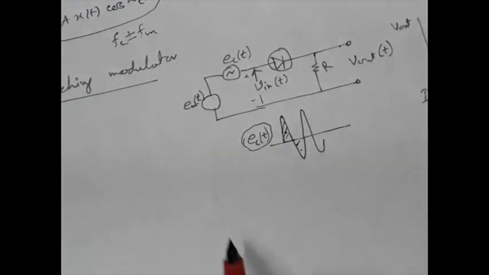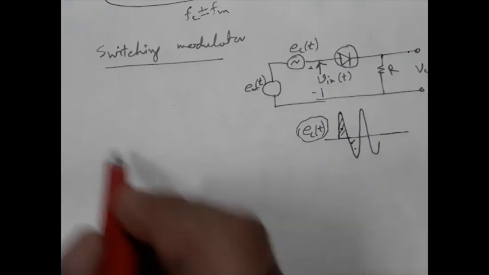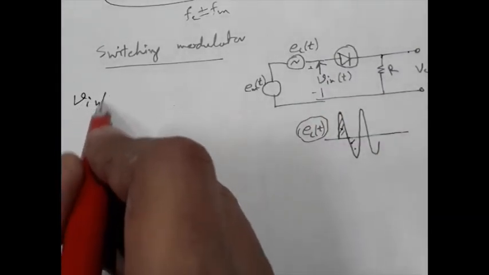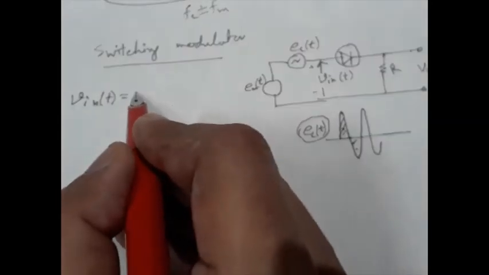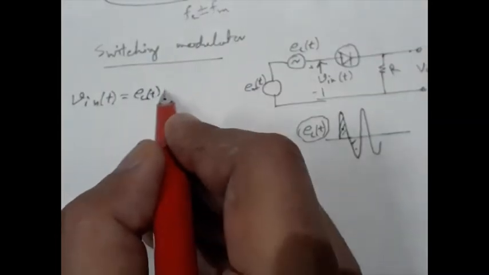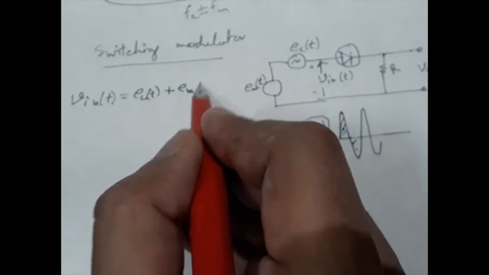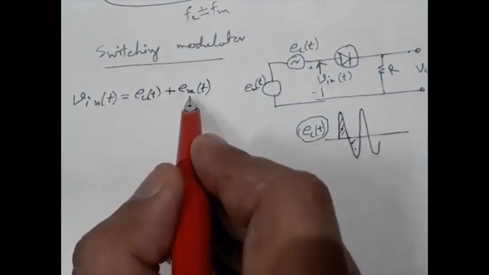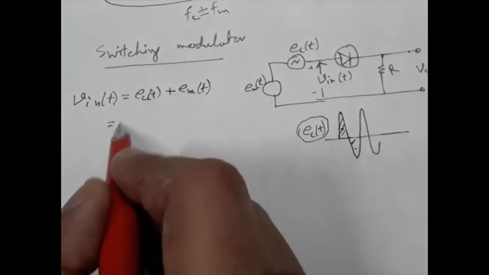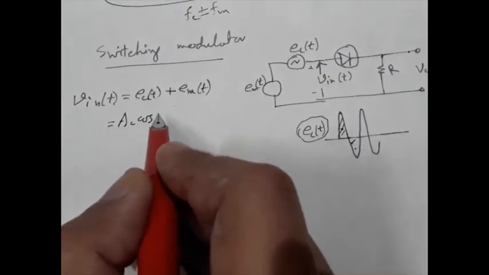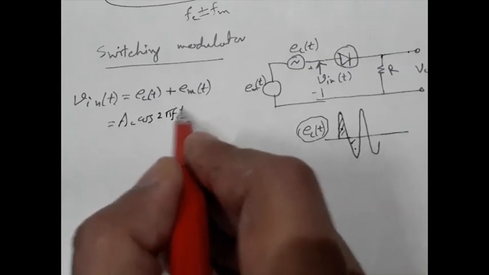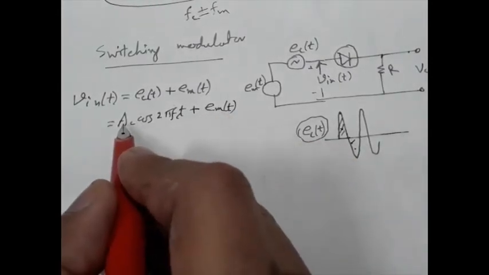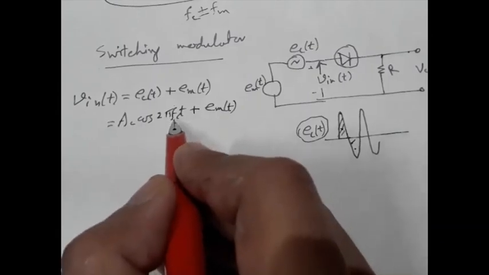So we can write, if V in is equal to the addition of two voltages, the carrier and the baseband signal. The carrier is assumed to be sinusoidal, obviously. Ac is the amplitude and fc is the carrier frequency.